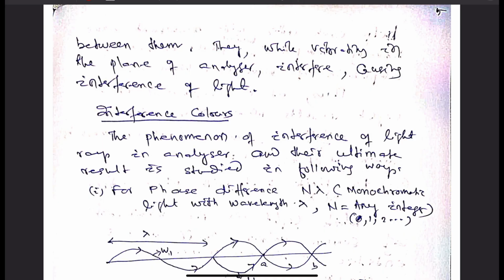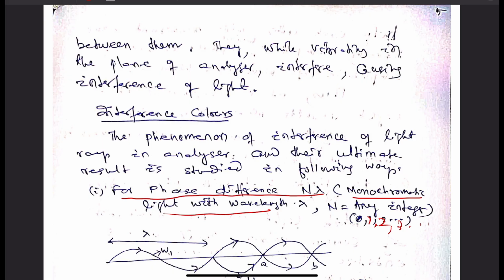In order to study the constructive interference or destructive interference based upon phase difference, first let us analyze by taking monochromatic light into account. We have taken a light of single wavelength, the monochromatic light, and let us talk about a case when the phase difference is n lambda, where n is an integer. It will have values 1, 2, 3 like this.